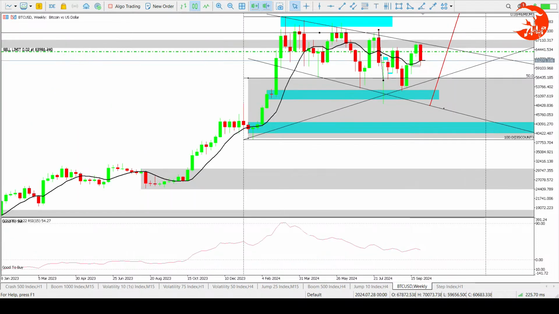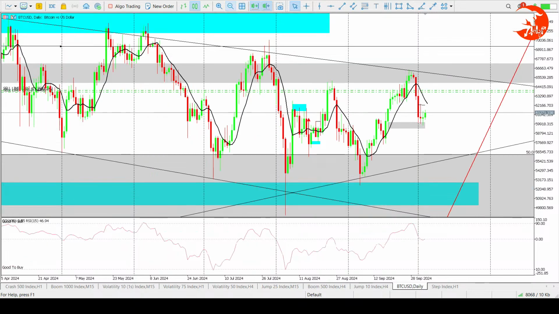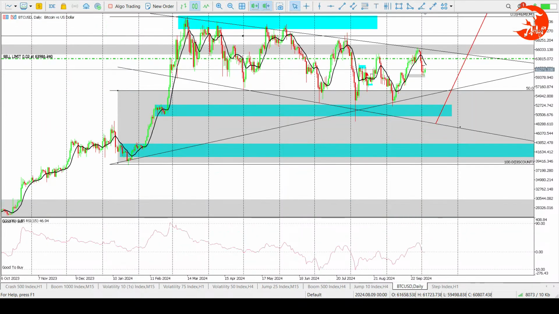Price came and grabbed the liquidity there, and after that, look at what happened. It took a lot of those guys who were selling, grabbed it, and then in a few days it went into the buy. If I minimize here to the daily, you can see actually what happened. Price came to the discount, grabbed the liquidity on that order block.